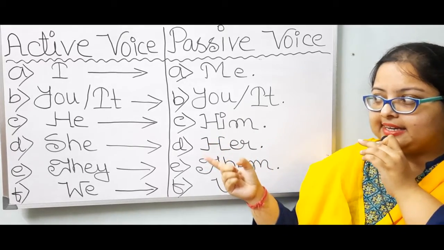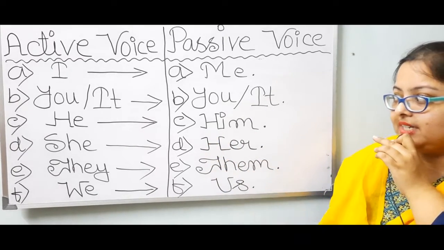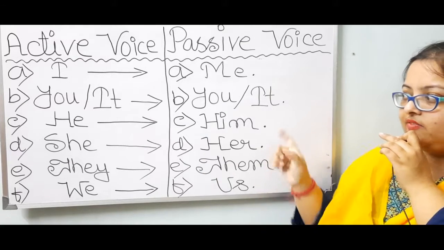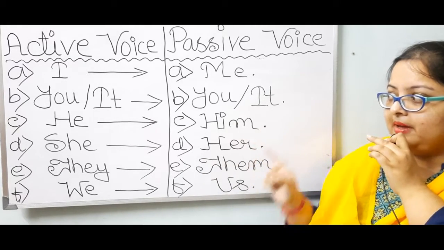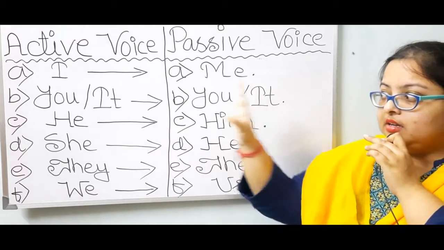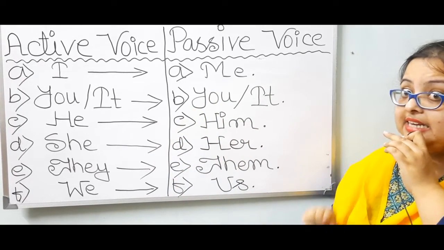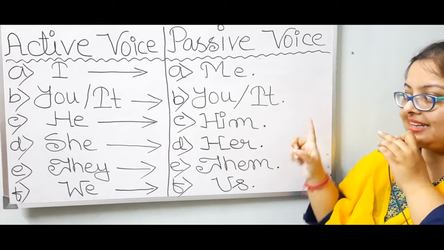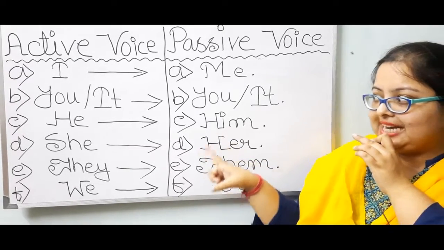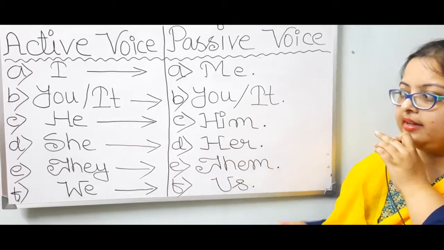Next, number D, she gets converted into her when it turns from active voice to passive voice. So she gets turned into her.